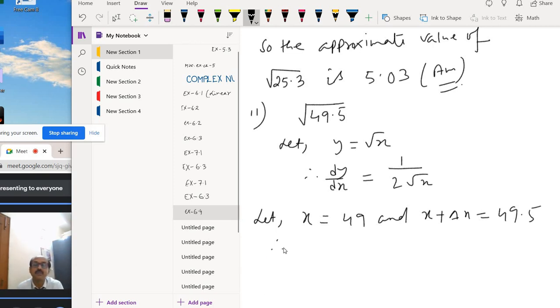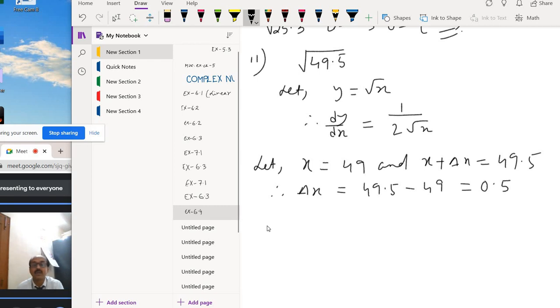Therefore delta x equal to 49.5 minus 49, which is 0.5. Now delta y equal to under root x plus delta x minus root x.